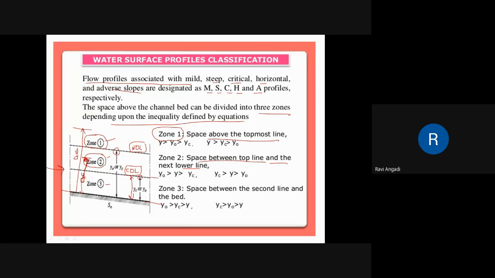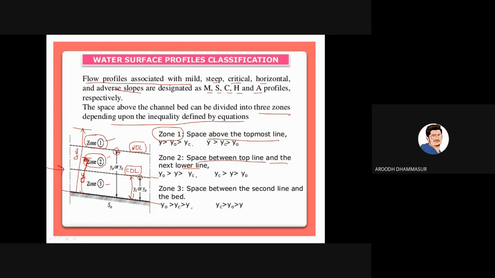Is it more than Yc or less than Yc? This is Yc and this is the normal depth. Is it above the Yc?